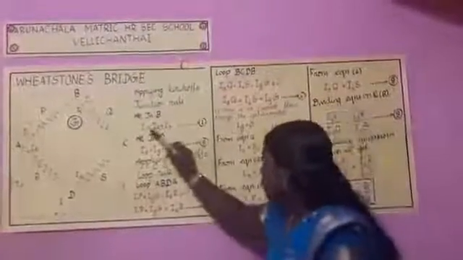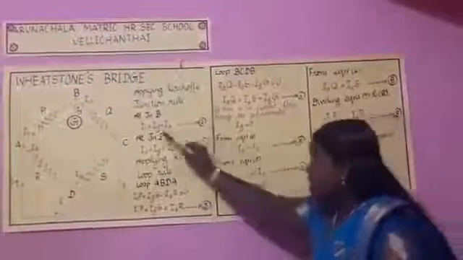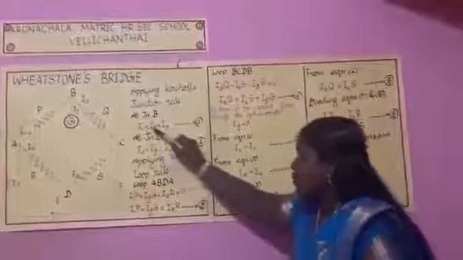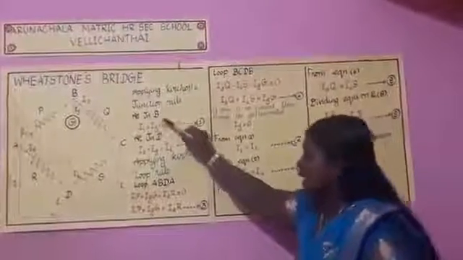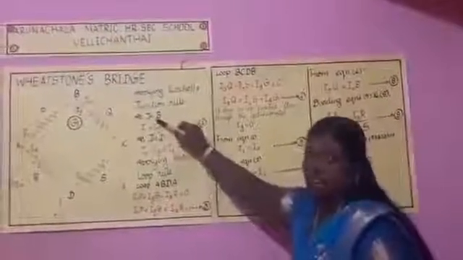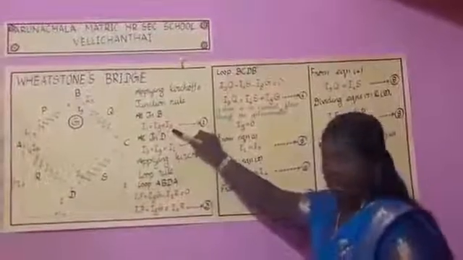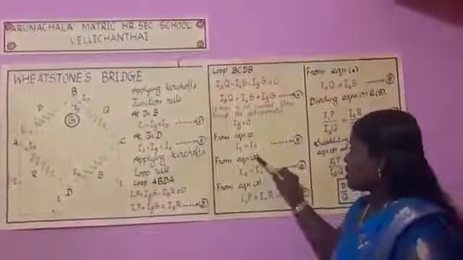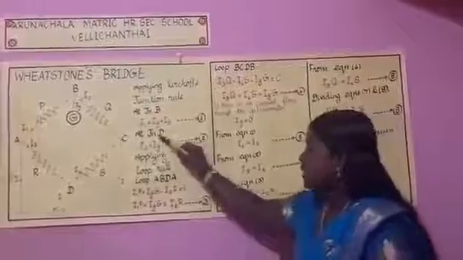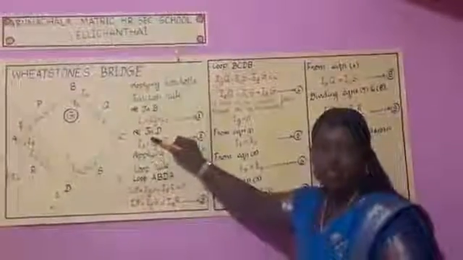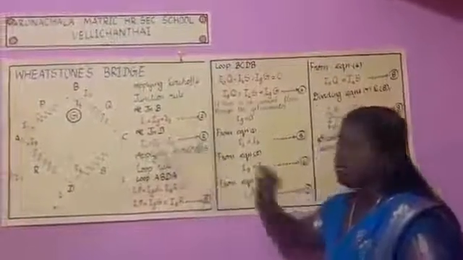So note it here. From equation number 1, I1 equals Ig plus I3. Ig value is 0, therefore I1 equals I3. Then from equation 2, Ig value is 0, therefore I2 equals I4.